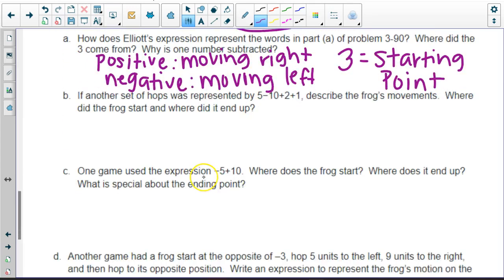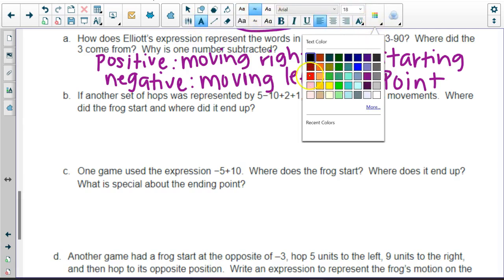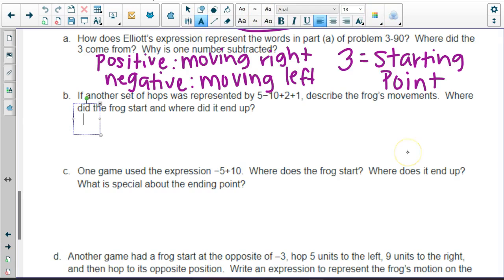So go ahead and try B. It says, if another set of hops was represented by 5, minus 10, plus 2, plus 1, describe the frog's movements. Where did the frog start and where did he end up? So I'm actually going to type this because this will be a lot easier and neater. It says, describe the movement, so we're going to be using words.